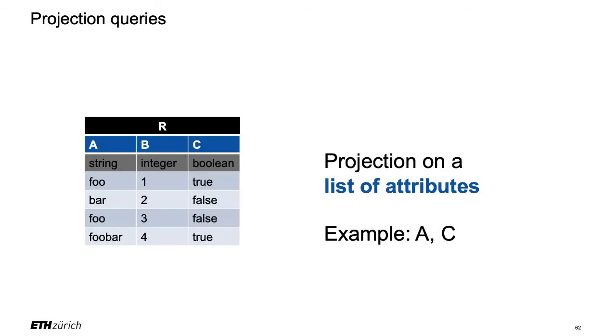What attributes? Only the A and C columns. A and C, yes. What domains? Without the B columns, which is right. Exactly, B disappears, yes. What domains do we have in that output table?